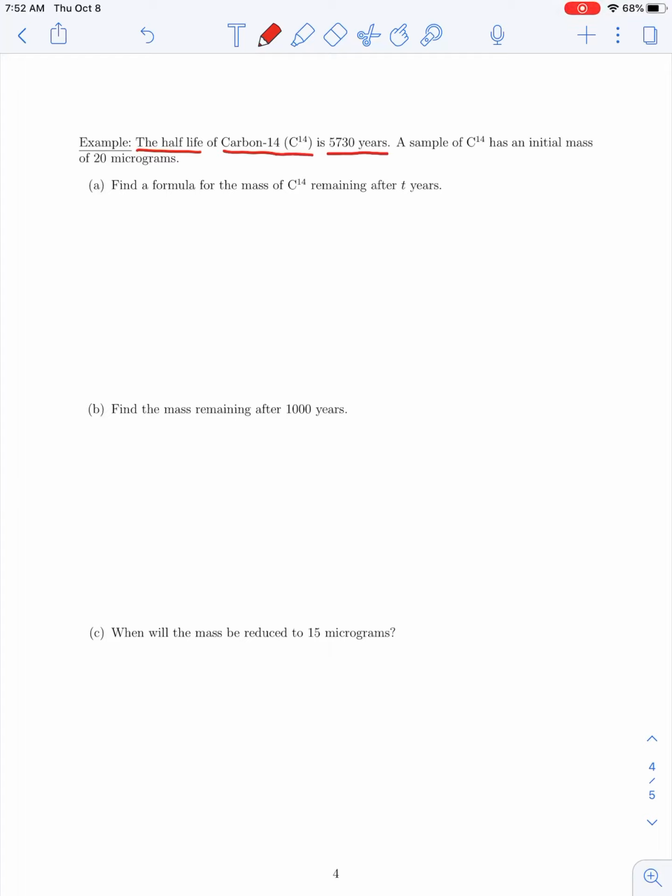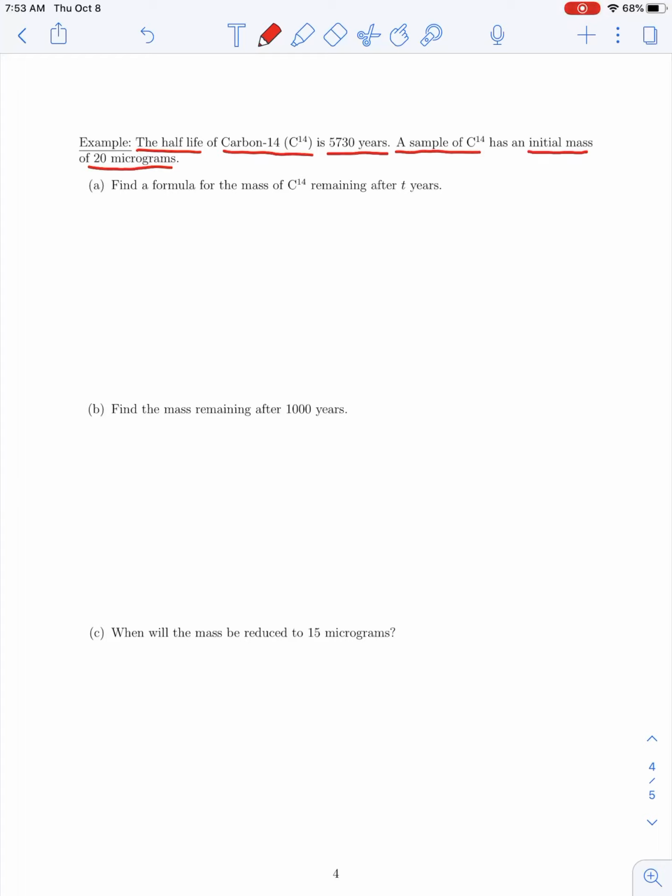So recall the half-life here is the time it takes for a substance to decay to half of its starting value. And we're told that a sample of carbon-14 has an initial mass of 20 micrograms. So in part A of this example, we're asked to find a formula for the mass of carbon-14 remaining after t years.